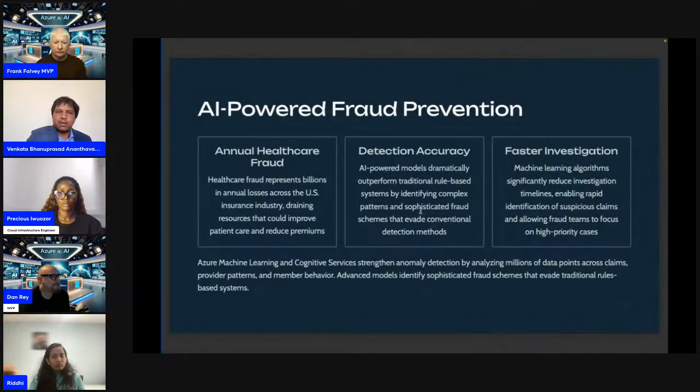Then, how does artificial intelligence provide fraud prevention? Fraud detection in healthcare insurance is no longer effective with a static rule-based system alone. Modern fraud schemes are complex, coordinated, and constantly evolving, so they require intelligent, adaptive detection models.